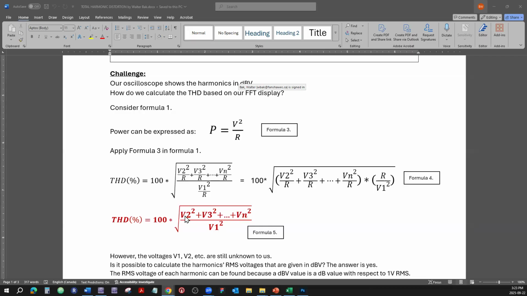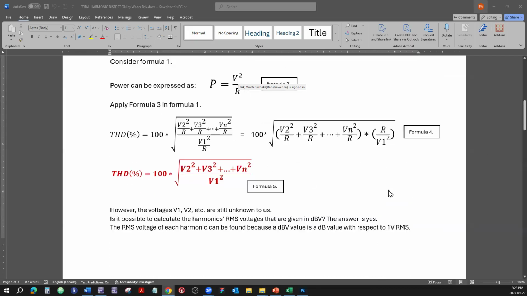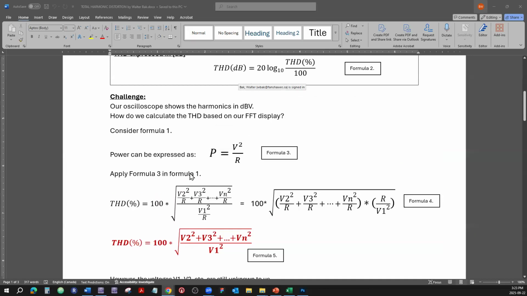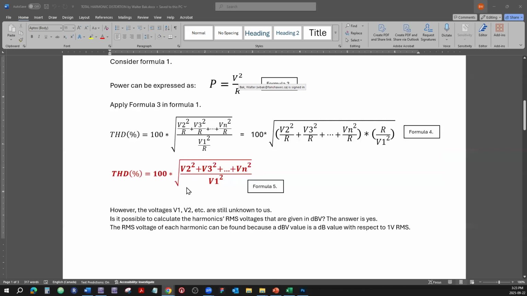And we're talking about the voltages. And these are the voltages RMS. Well, we have the dBVs, but we still don't know what the V's are because the values that we get on our FFT display are in dBVs. We need to know what the V's are, RMS. Can we find what they are?